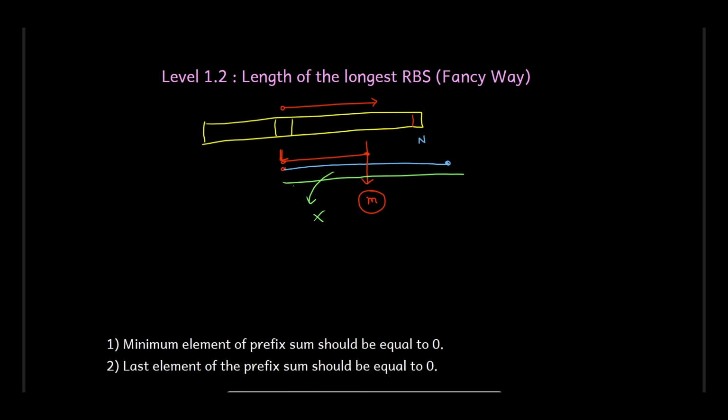But if the answer is yes, then remember I told you before that RBS are concatenation of RBS. This means that as long as you keep the starting index same, if you take a prefix, this prefix will never violate these two conditions.